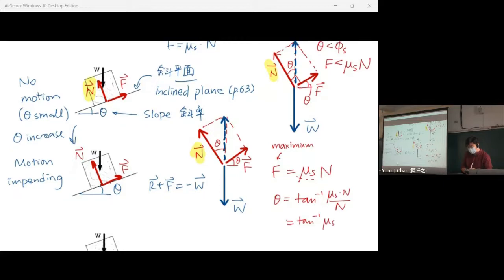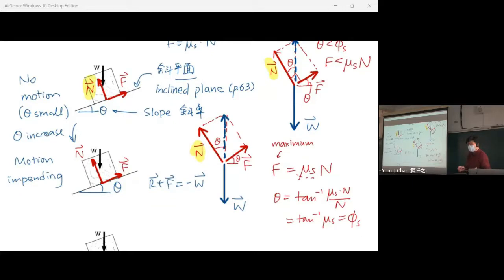And on this page we call this angle the angle of friction, phi s.